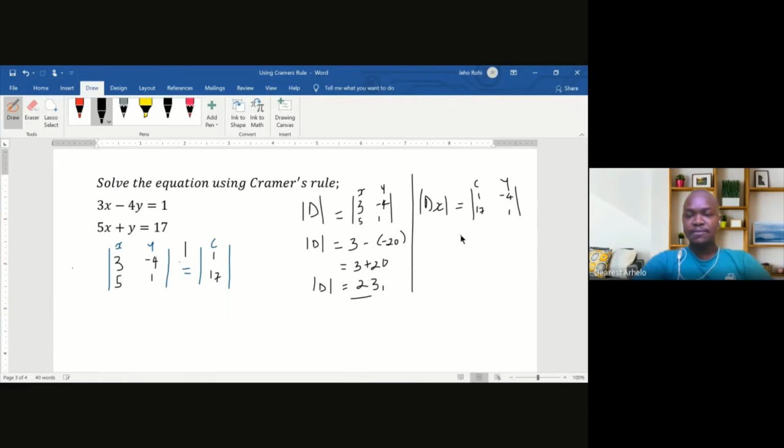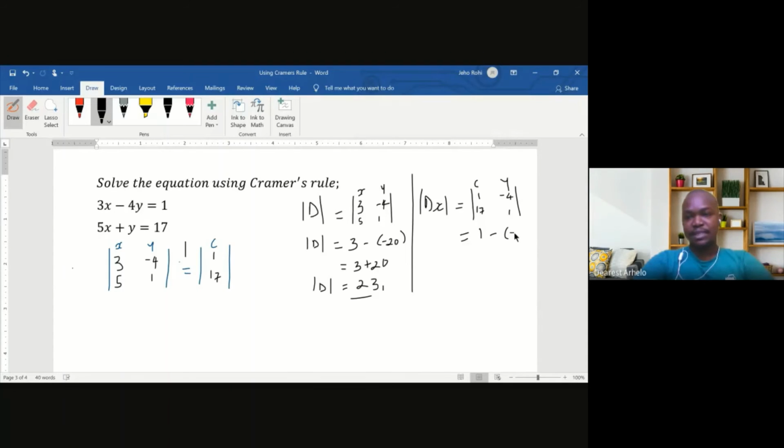So now I can find the determinant of this matrix. As you can see, it's a 2 by 2 matrix. Again, we multiply the leading diagonal minus the non-leading diagonal. So 1 times 1 is 1, minus 17 times -4, which is -68.